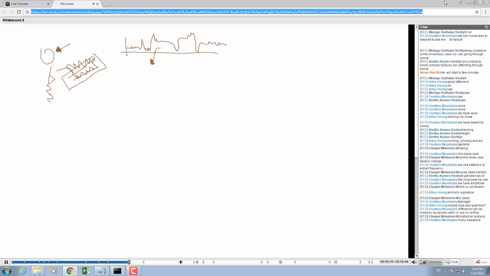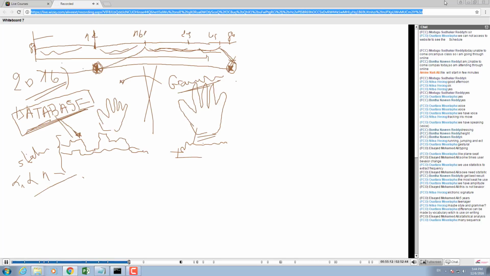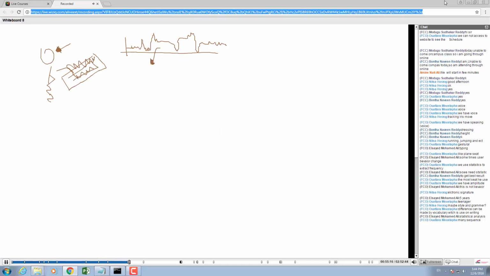Okay. So from this signal you can extract some features using exactly the same method as what you used here. So you extract the signature alpha 1, alpha 2, alpha 3, and so on.